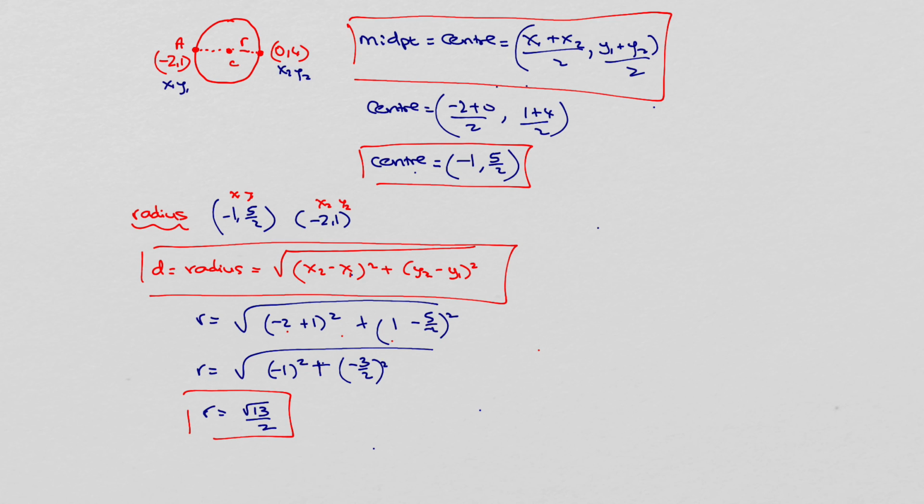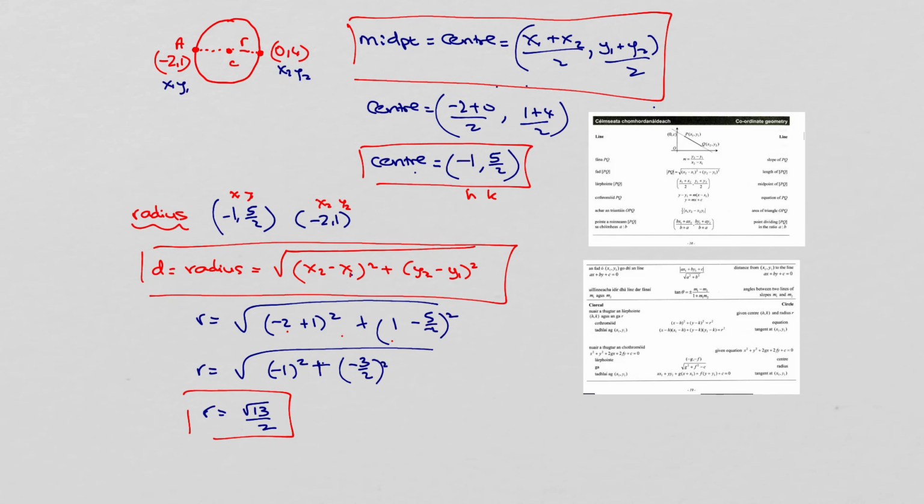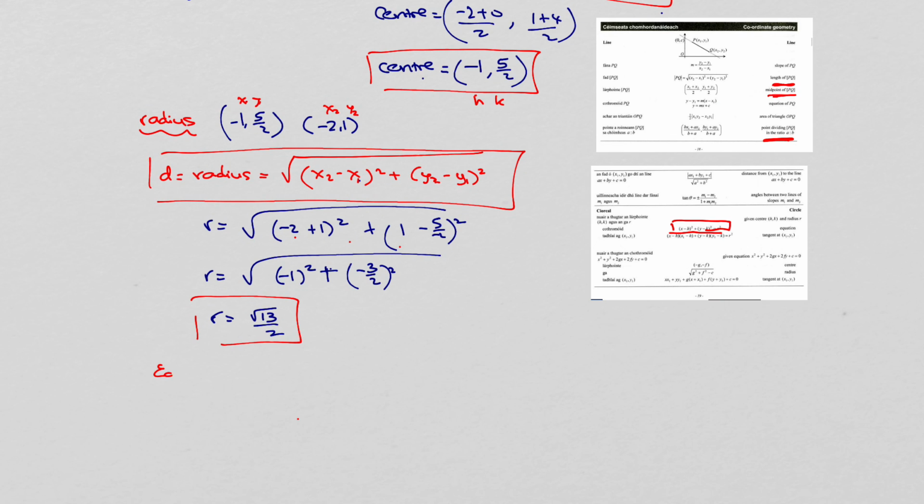So now I have the radius and I have the centre. All I have to do is use my equation of the circle. And we can see obviously that the equation of the circle can be found on page 19. So we're going to go with x minus h squared plus y minus k squared equals r squared. And obviously you have your midpoint there as well, and your internal divisor, and your distance formula on page 18. Okay, so subbing in the equation of the circle, x minus h squared plus y minus k squared equals r squared.